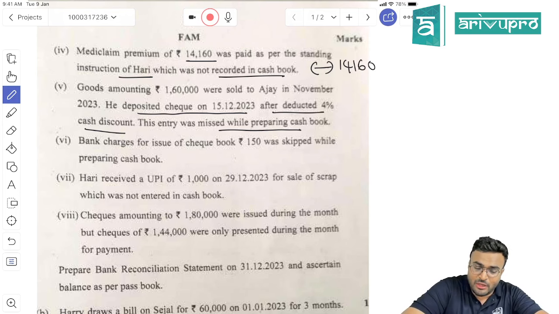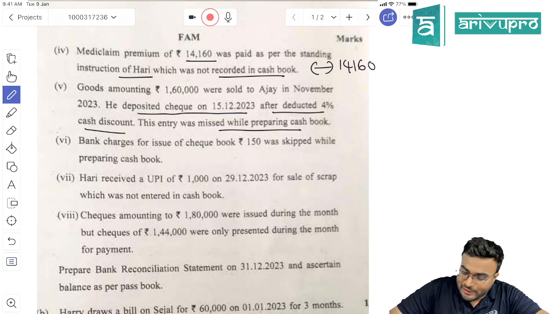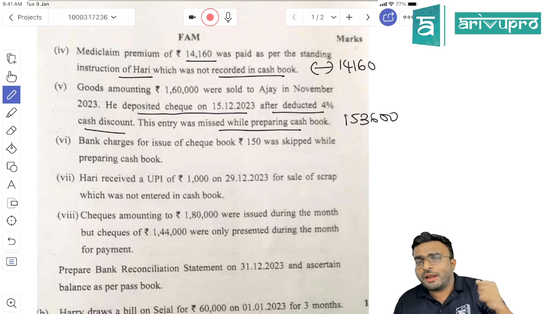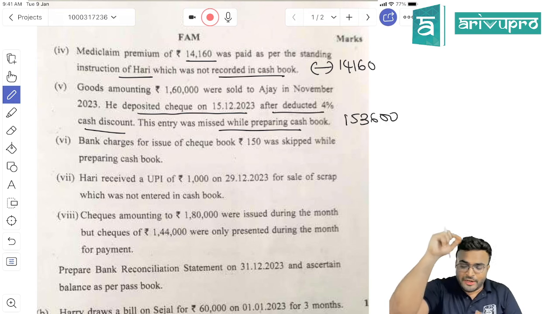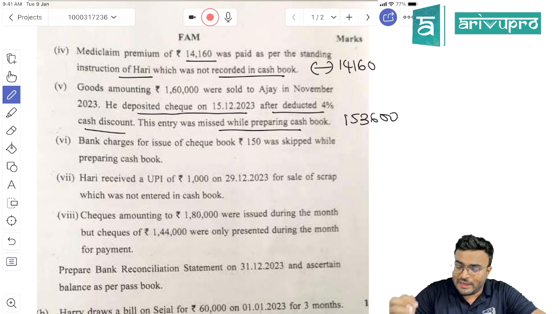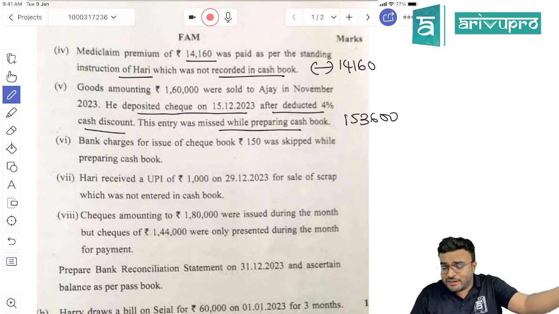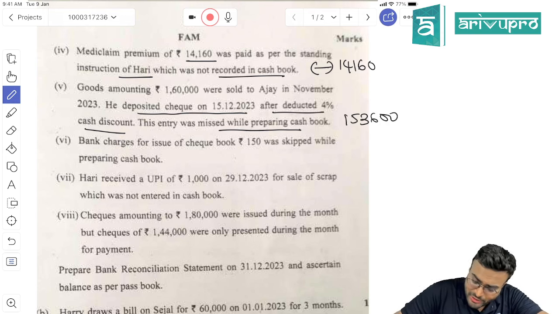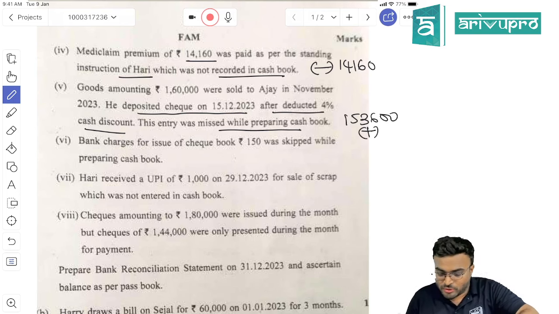Not 160. 1,60,000 minus 4%, 1,53,600. This is the amount. What happened to this amount? He has already deposited the check by deducting the discount. We have not recorded this. So 1,53,600 we have received in the bank, but here we have not entered. So we are going to add this in the cash book.